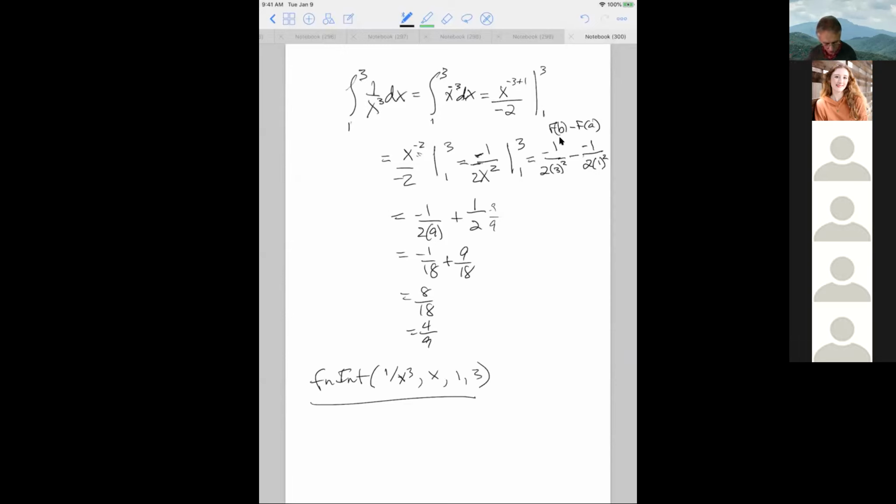So I'm going to do 1 divided by x cubed. Don't need parentheses on this because it's just one term, minus x to the 3rd. Okay, and then I've got x, comma, 1 comma 3, close parenthesis, enter. 0.444444.